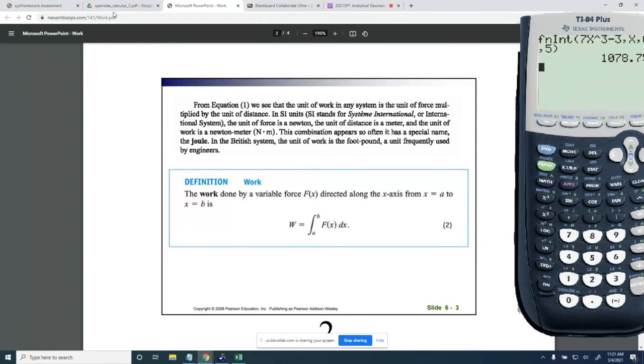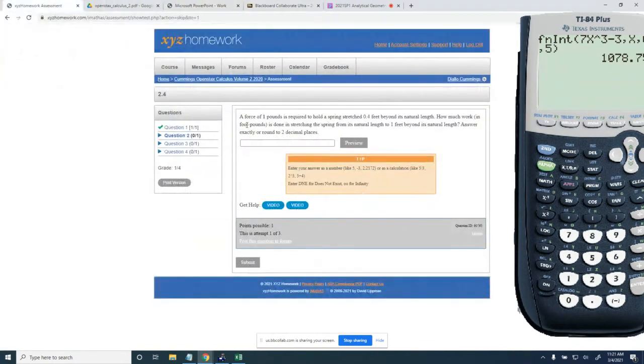All right, so if we go back to our problem, we have that a force of 1 pound is required to stretch a spring 4/10 of a foot beyond its natural length.